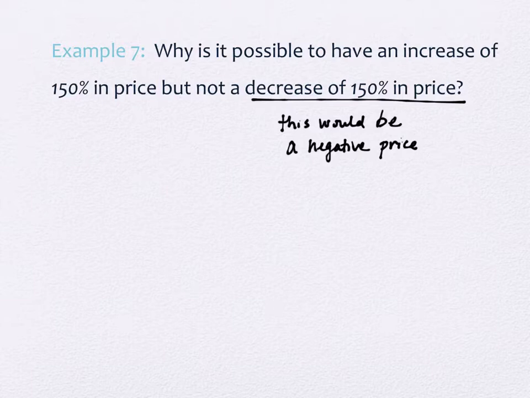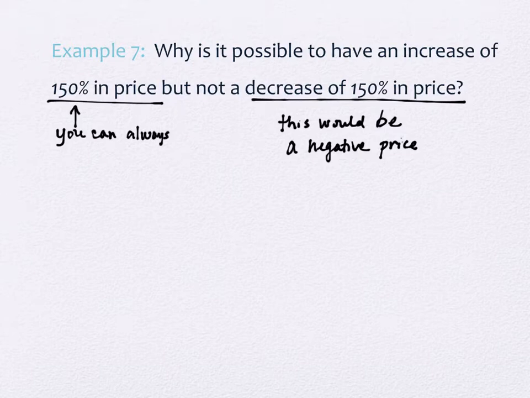But can you have an increase of 150% in price? Yes, it's called inflation, right? Yes. And taxes and all the things, and we've experienced it all very, very recently. All of us have. Yeah, so on this one, when we're doing the increase of 150% in price, you can always add cost.